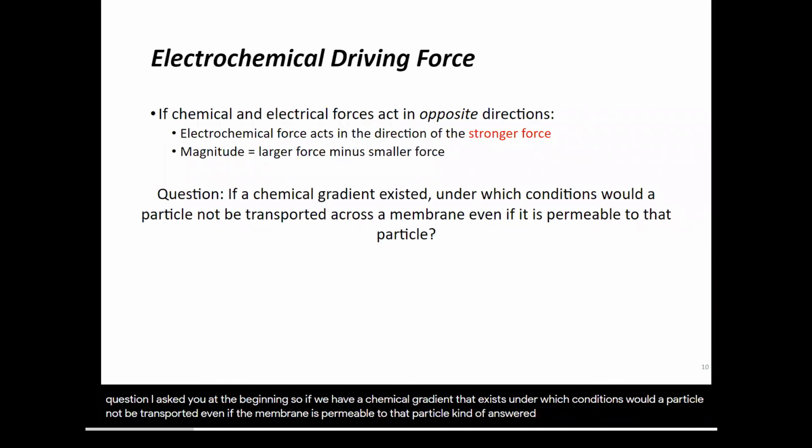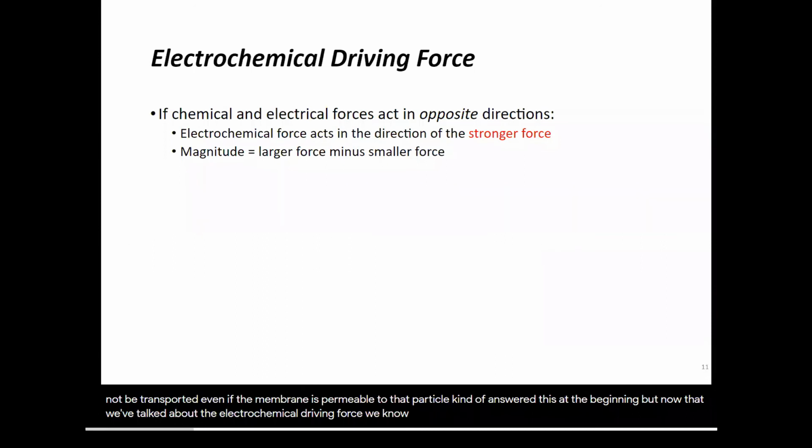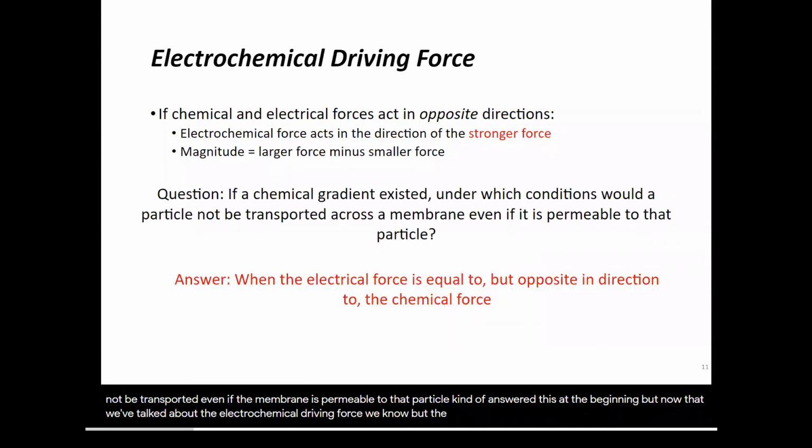Kind of answered this at the beginning, but now that we've talked about the electrochemical driving force, we know that the answer is that when the electrical force is opposing that chemical force, we are going to not have movement across the membrane. So if we have a chemical gradient pushing our ion out, but we have an electrical force pushing that ion in, we're not going to have movement of that particle.